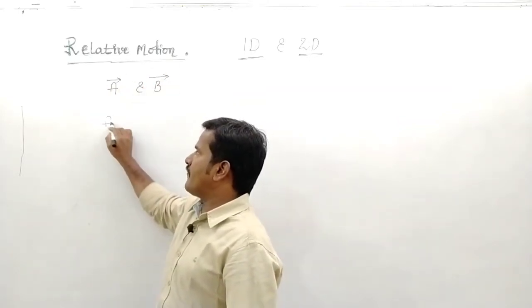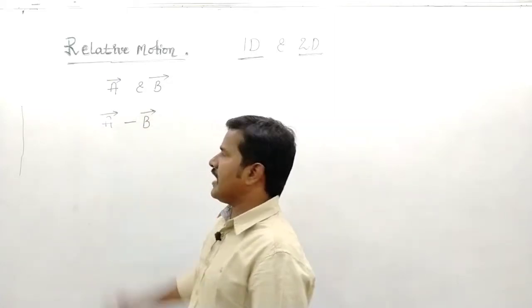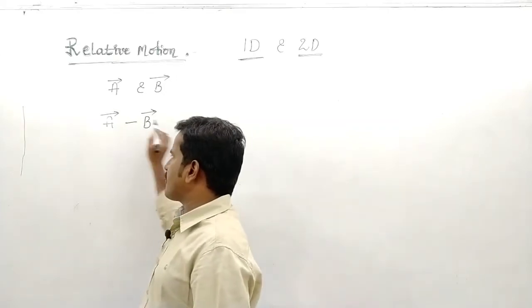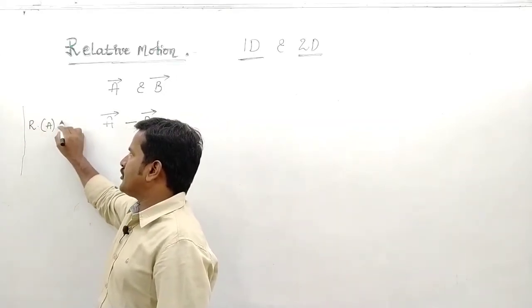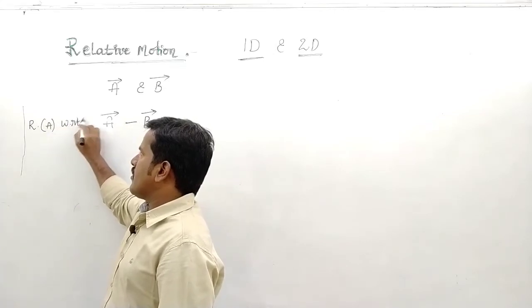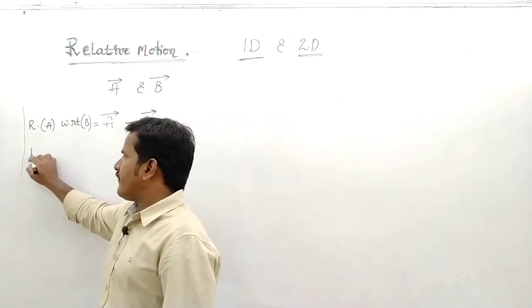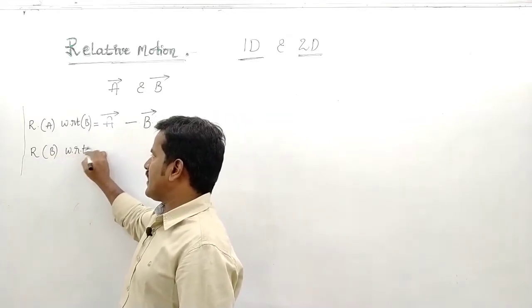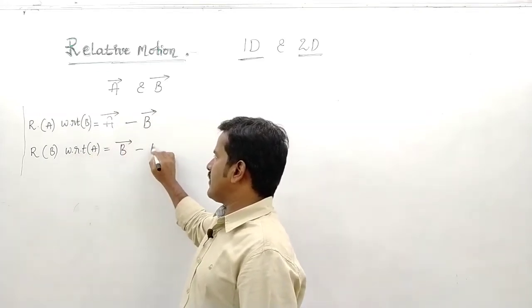Relative of A with respect to B is A bar minus B bar. The same as relative of B with respect to A, that is written as B bar minus A bar.